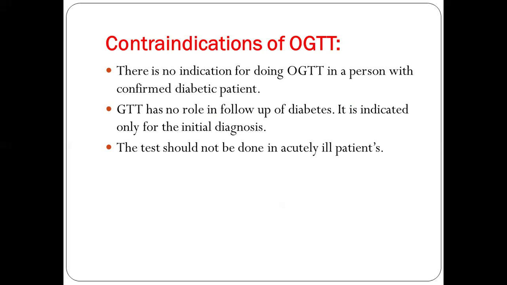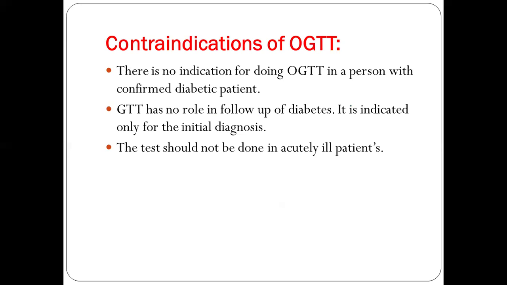So what are the contraindications? Contraindications means those persons who do not need to go for the oral glucose tolerance test. That means the person is already confirmed diabetic, already declared diabetic.